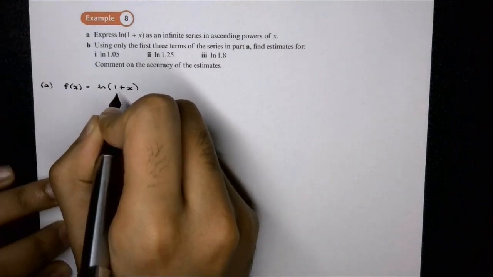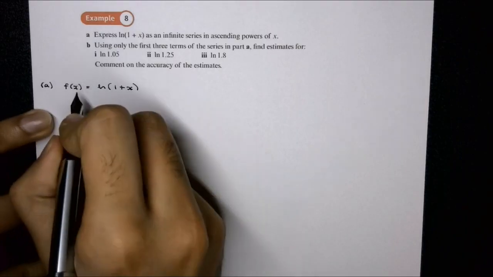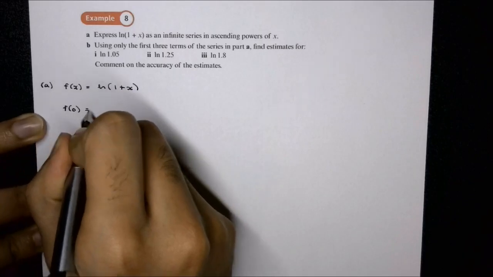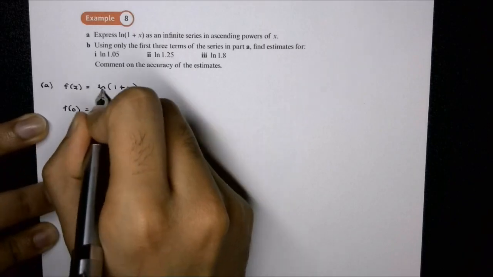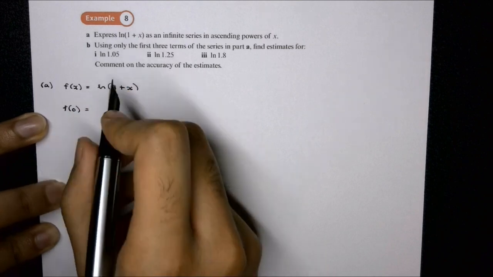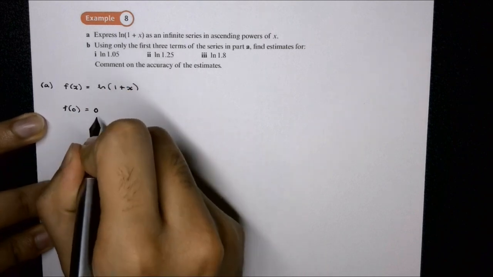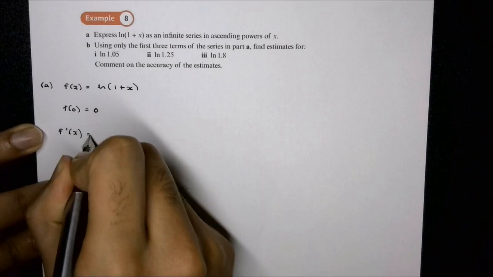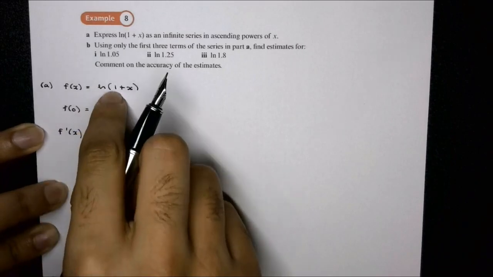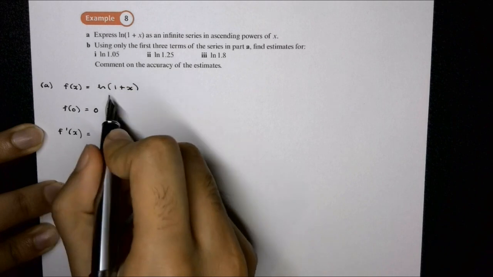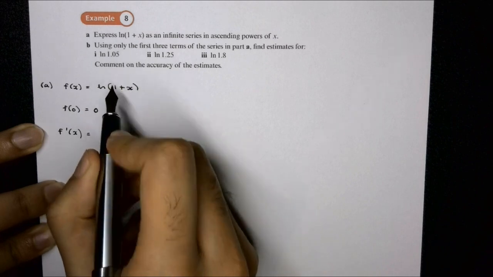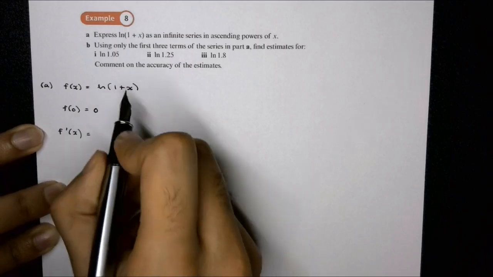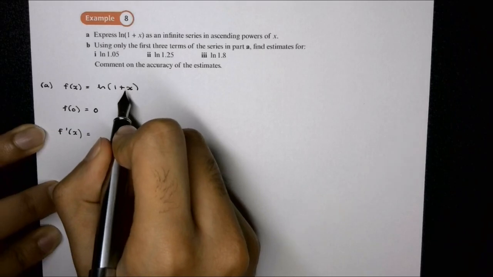And now, what you can hopefully see over here, f of 0 will equal the natural log of 1, which is 0. If we work out what f dash of x is, differentiating a log, we have 1 over something. So here, we'll end up with 1 over 1 plus x, and then we times by the derivative of the bracket via the chain rule.